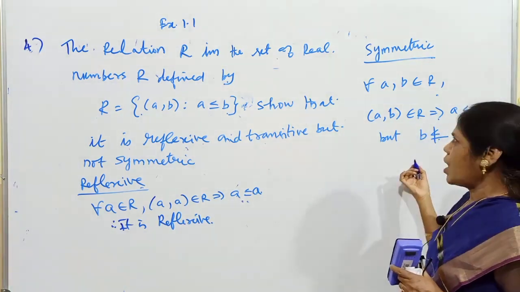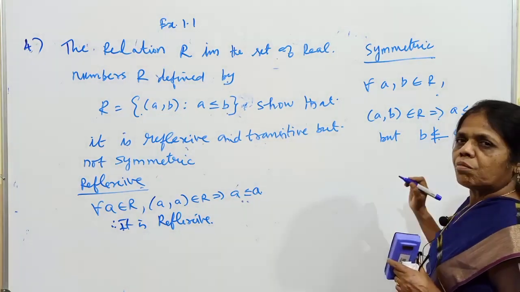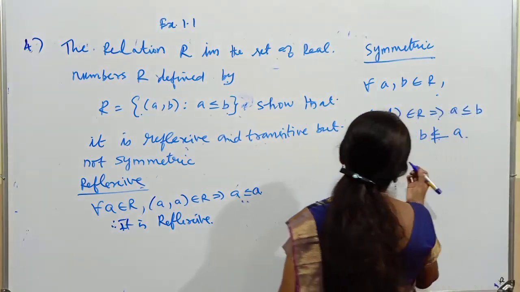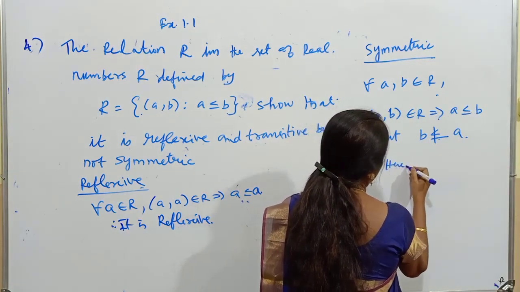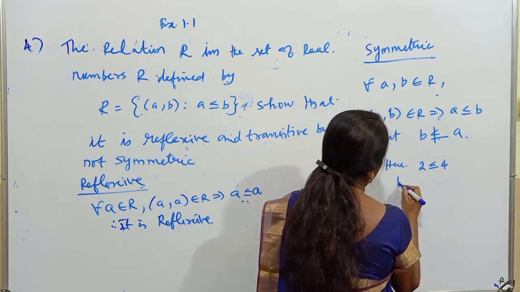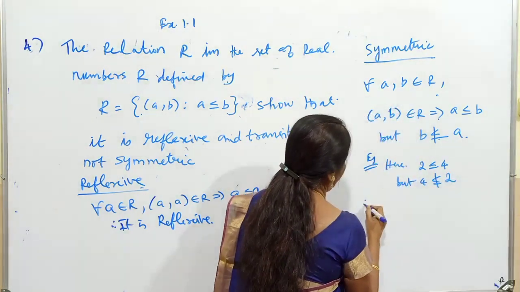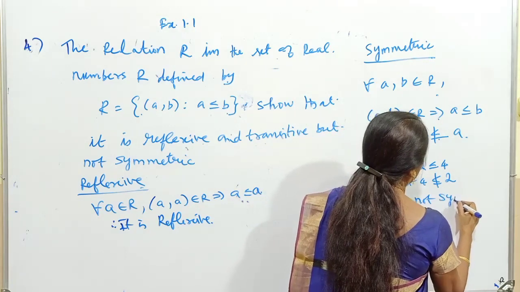You can give some examples also. 2 is less than or equal to 4, but 4 is not less than or equal to 2. Therefore, it is not symmetric.